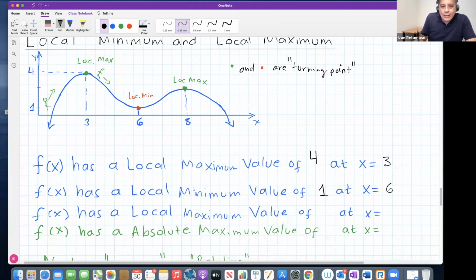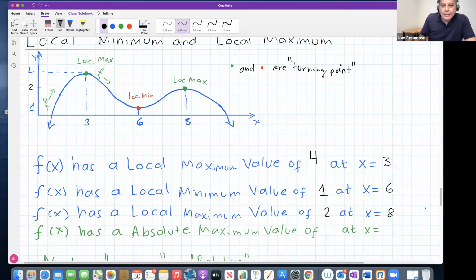F of x has a local maximum value of, let's say, 2 more or less, at x equals 8.